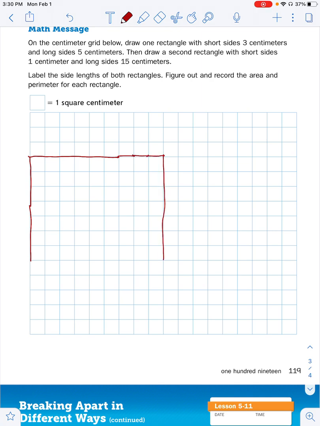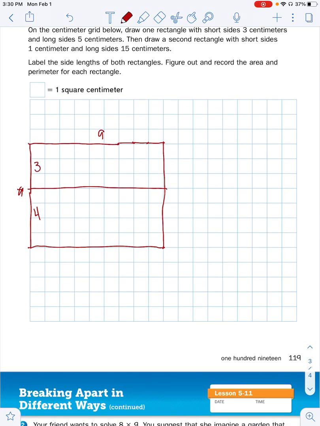If this would help you to see what you could break apart your numbers into, you are welcome to do it this way. So you can just draw straight across on the lines. And look, you just split it up into a 3 and 4 rectangles. So then you'd have to do 3 times 9 and 4 times 9. But if this helps you to visually see how to break it up, I will include that kind of paper as well. You do not have to do it on that paper if you don't want to.